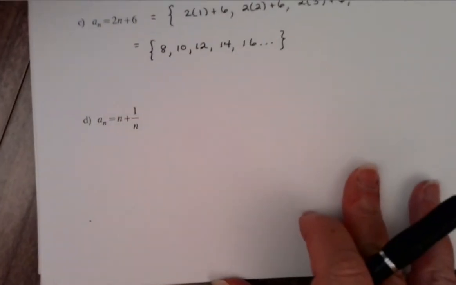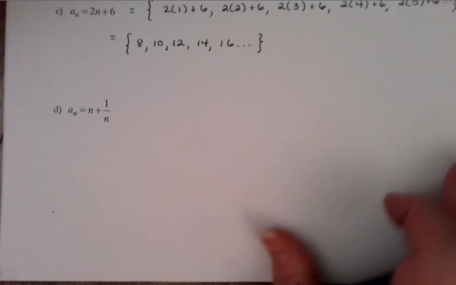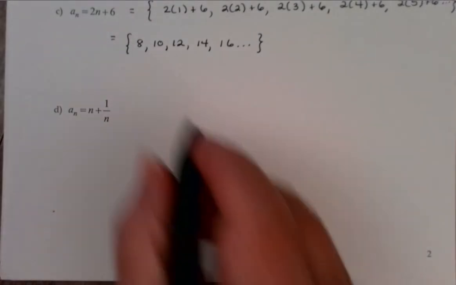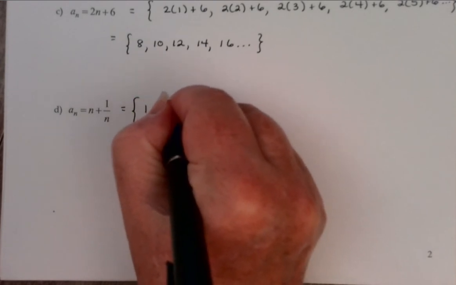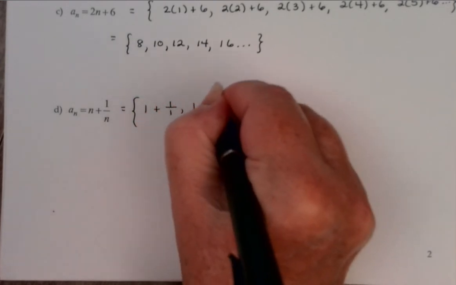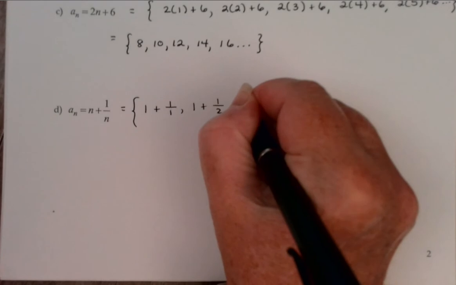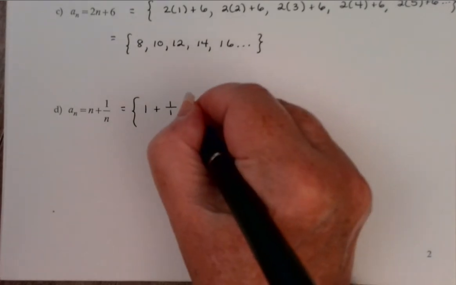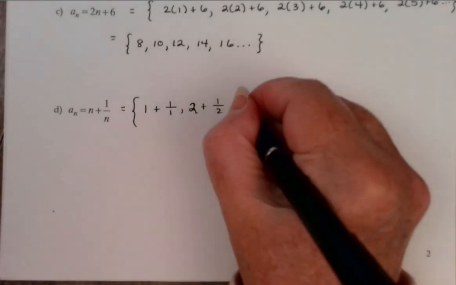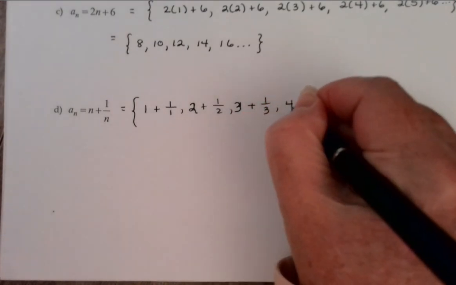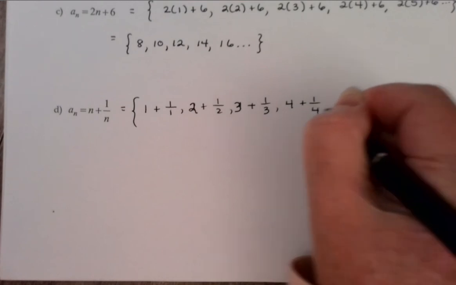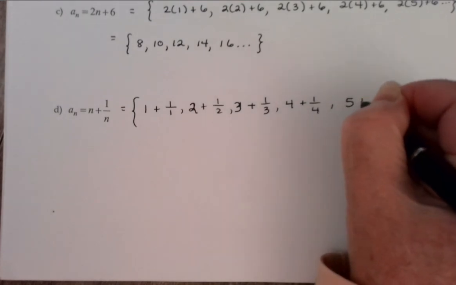Our last explicit formula is n plus 1 over n. So once again, I'm just going to start by plugging in all my values. Plugging in 1 and 2. Oops, should have been a 2 plus 1/2. And then a 3 plus 1/3. 4 plus 1/4. And 5 plus 1/5.